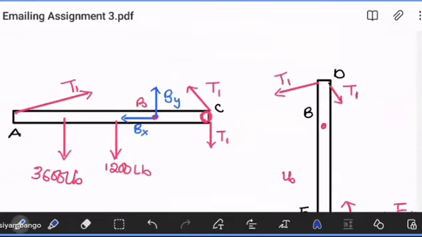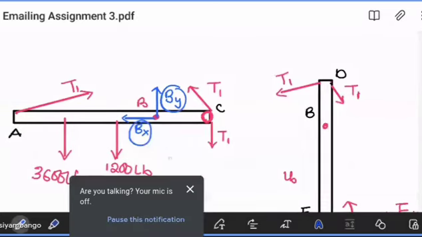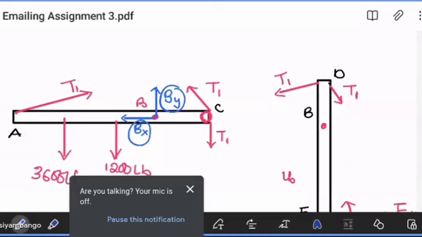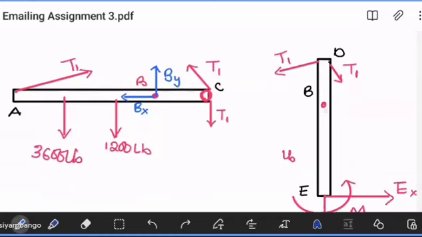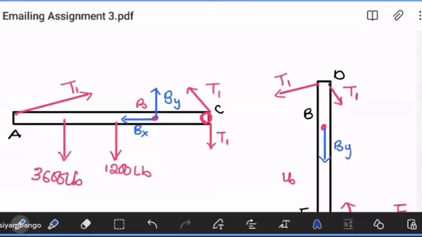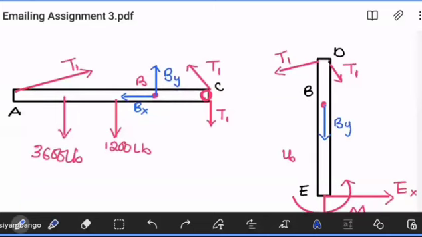So the reactions here will have the same magnitude as what you selected when analyzing the first separation you made. If on the member ABC, I chose By to go up, then on the member DBE, By will have to point down. If on the member ABC, I chose Bx to go to the left, then on the member DBE, the same Bx has to point to the right.